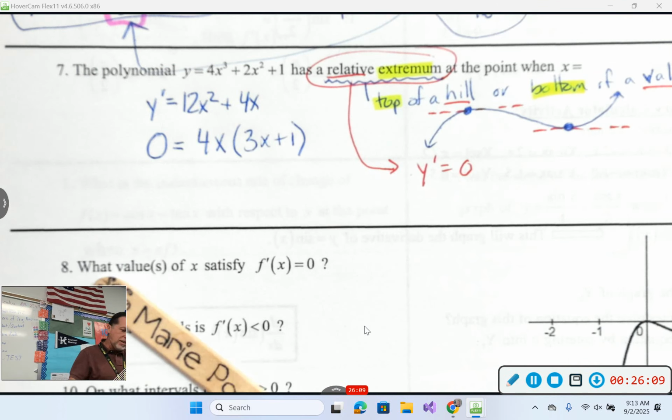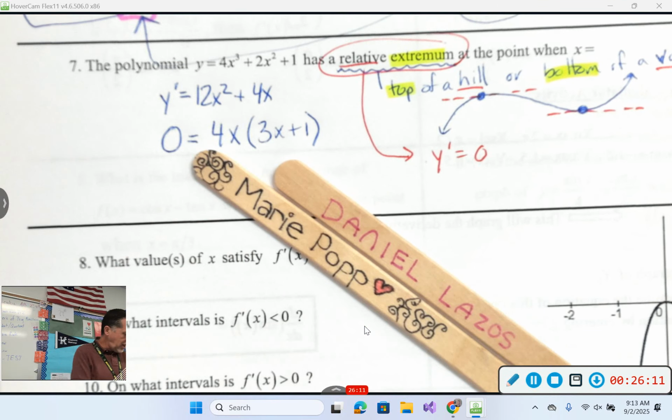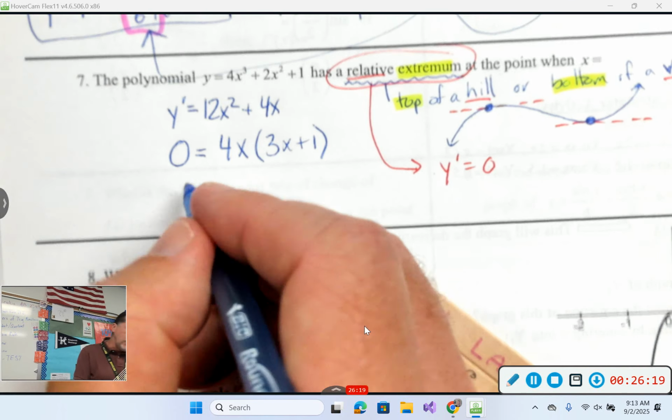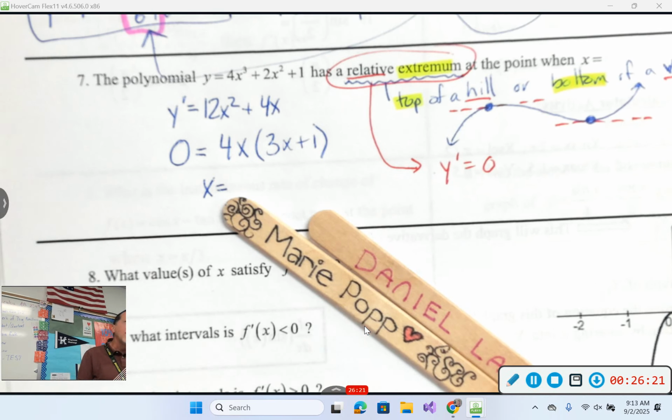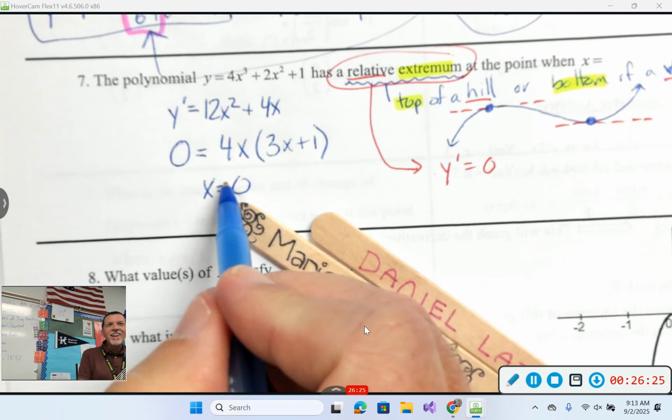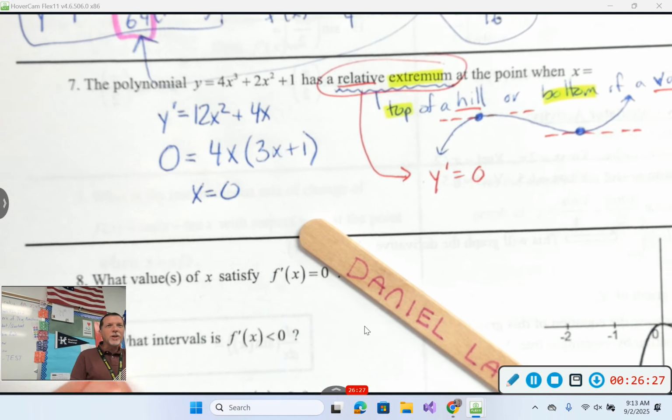Let's see if we can get through everybody. We're going to get close. Marie, if 4x equals 0, what does that lead to for an answer? 0. But some people mess that one up. They can get the 3x plus 1, but not the 4x.